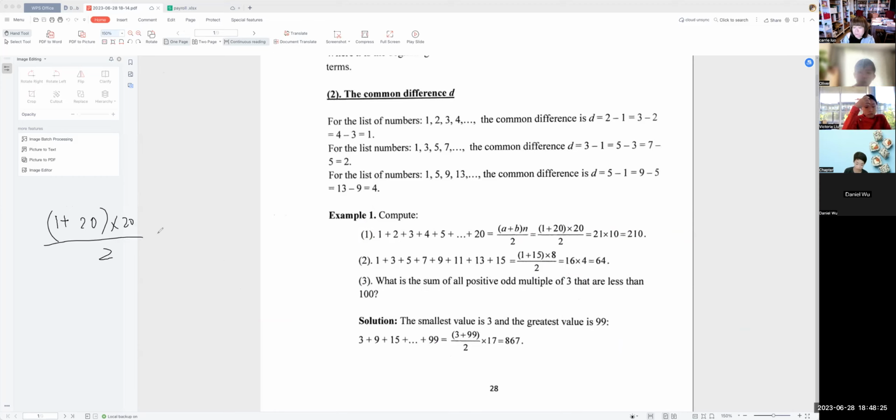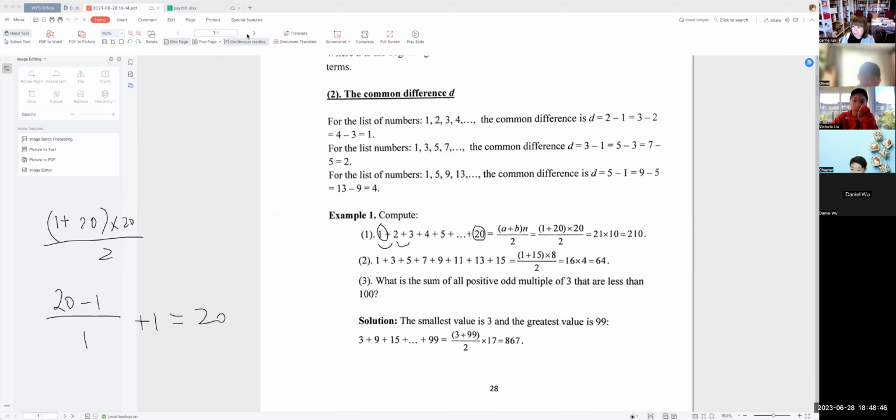And how many numbers there are is always the last one minus the first one, divided by the difference, plus 1. For example, with 20 numbers: 20 minus the first one, divided by the difference, which is 1, plus 1, so it's still 20. You can practice it.